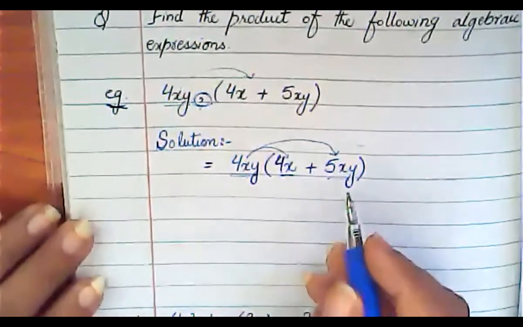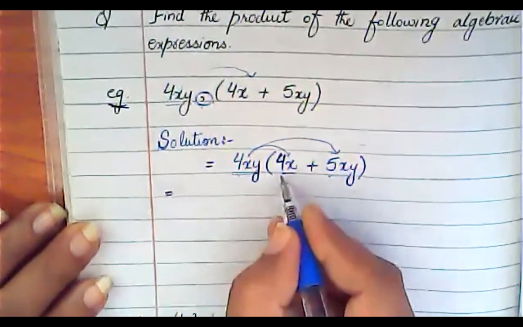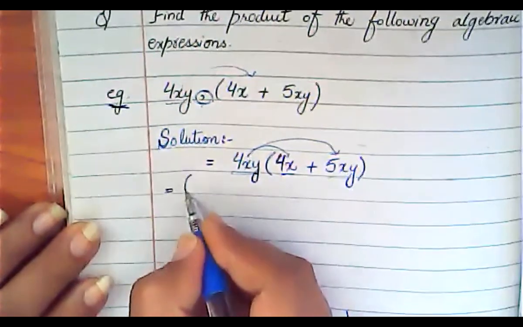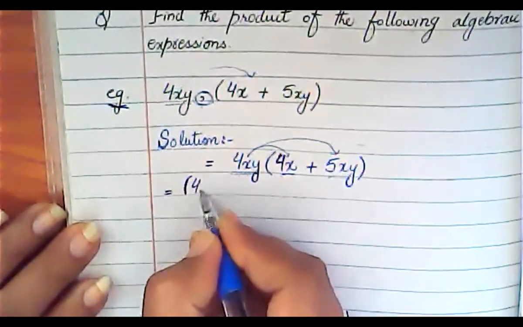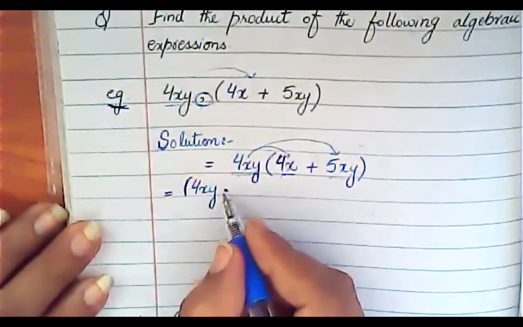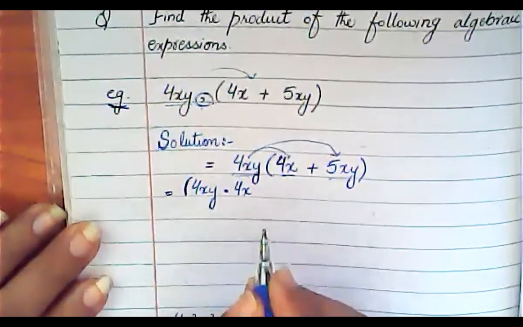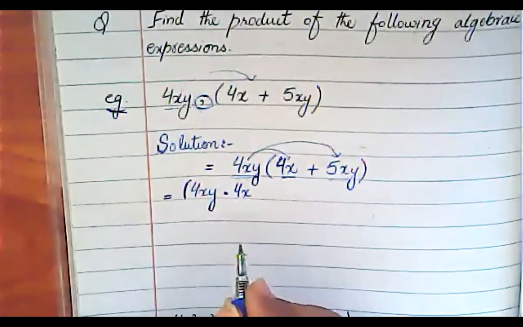Understand? So I'm going to separately multiply each term with 4xy. Just suppose I'm going to write inside the bracket. First, I'm going to multiply this 4xy, with the sign of multiplication, with this 4x. Students, just listen to me. What I'm going to tell you is steps.